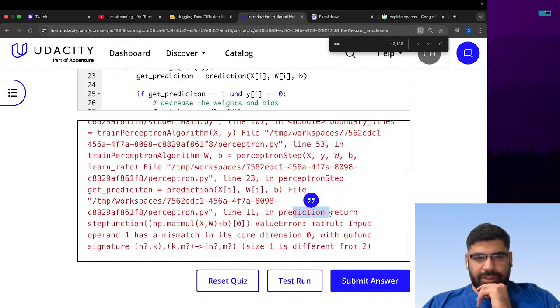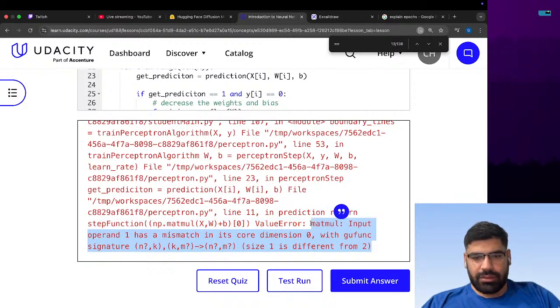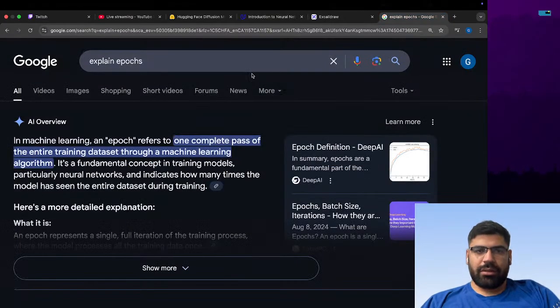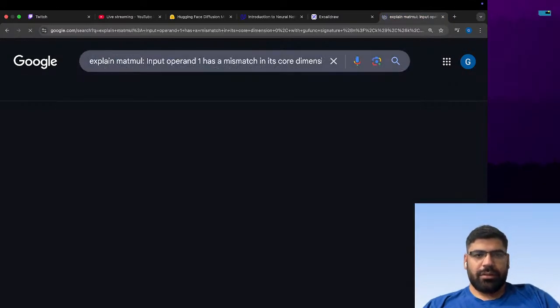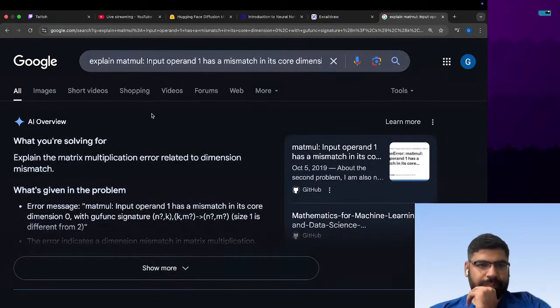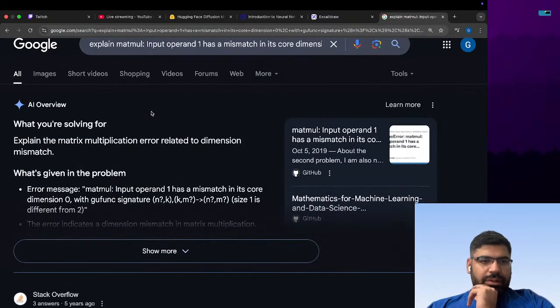In prediction, return step function this. Okay. What you are solving for?